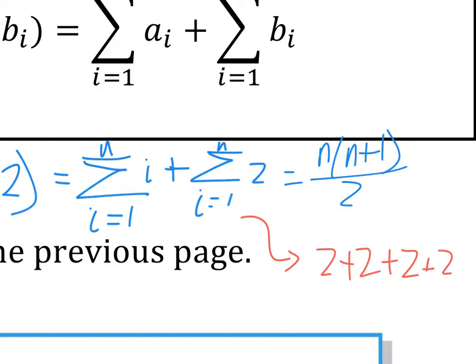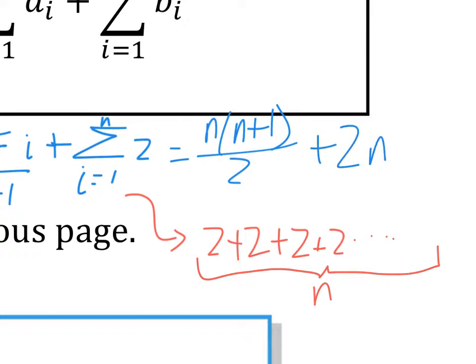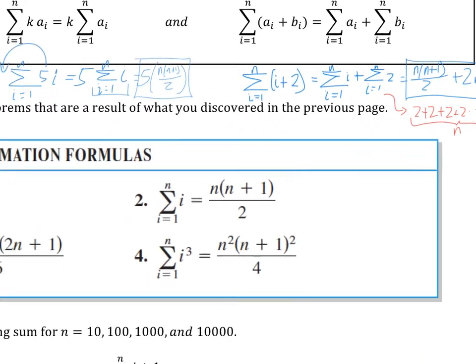So if I keep this going, dot, dot, dot, and we add up n of these, what is it going to add up to? It's going to add up to 2 times n. So when we're adding a constant in the summation, that's just 2 times however many 2's there are, in this case, n. That's how we would write that as a formula.